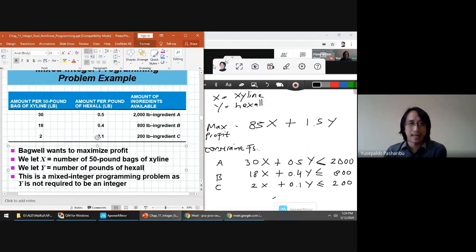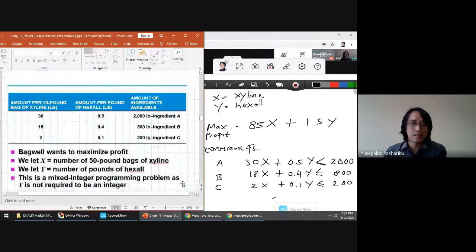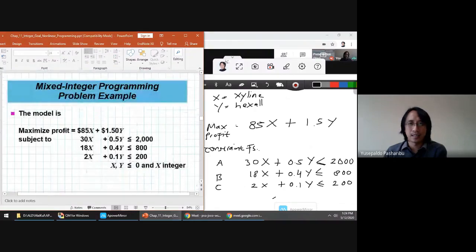After we're done with the equation, this is the complete equation, just the same as what we created in the table.